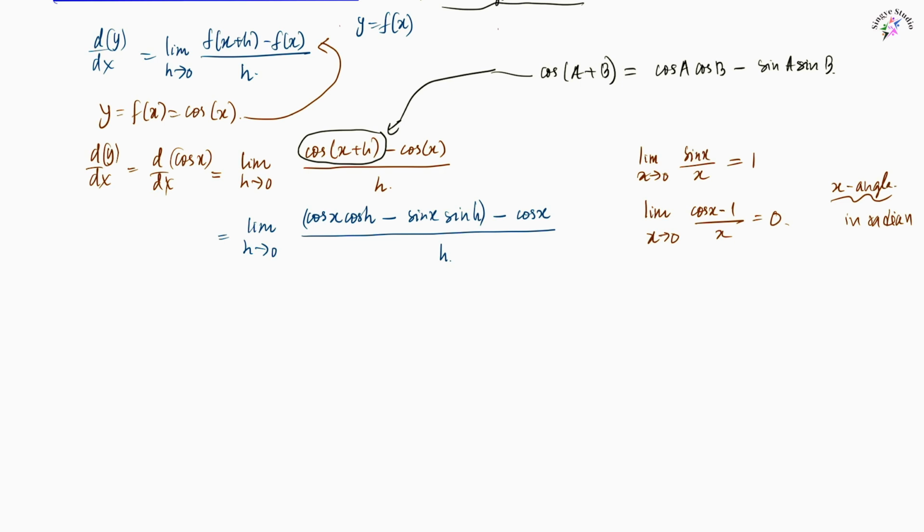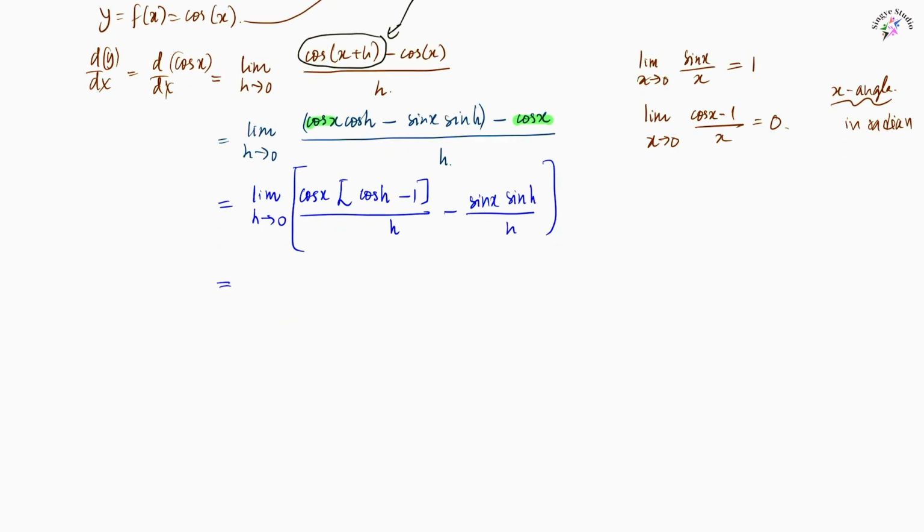Now what we will do is that we can see that this cosine x and cosine x are common for this term. So we can collect the common terms here. Limit as h tends to 0 of cosine x, right, times cosine h minus 1 divided by h, minus sine x times sine h divided by h.